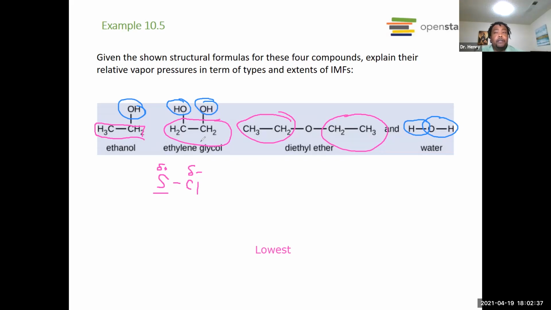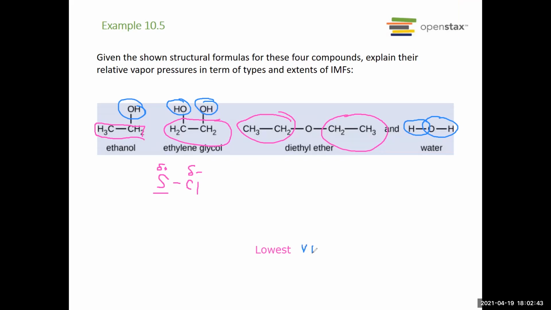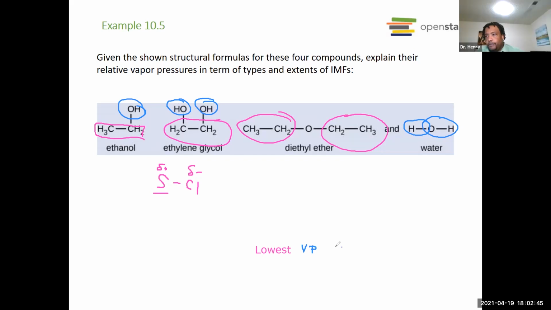So which one is going to have the lowest vapor pressure? Ethylene glycol. Okay, let me type it. It's my handwriting. Does that make sense?